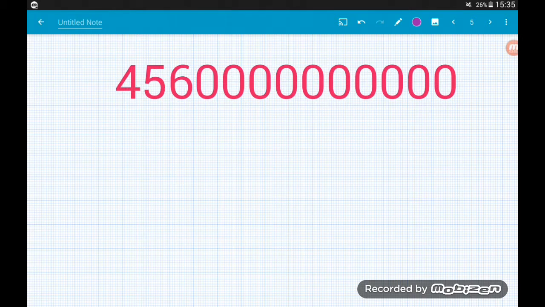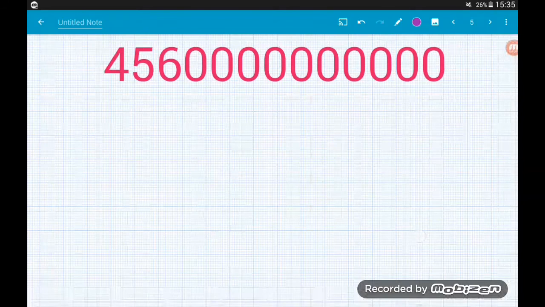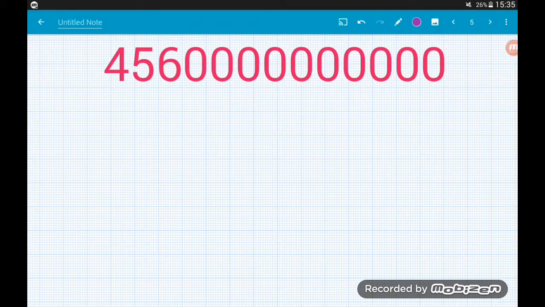Okay, how about 456 with all of these zeros after it? When you've got a number like this, it's really impractical to be writing out this many zeros every time you write the number. This is where standard form comes in and really helps us. So let's write down our important digits. We've got 4.56. It's always going to be times 10 to something. So how do we know our power?